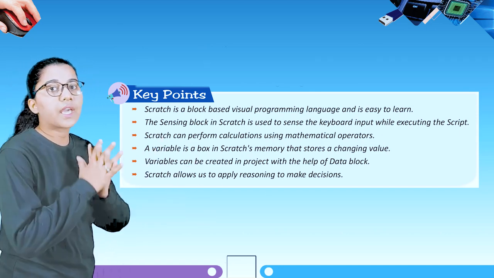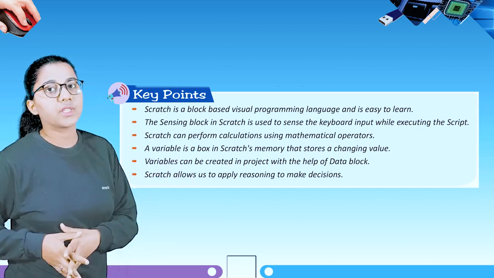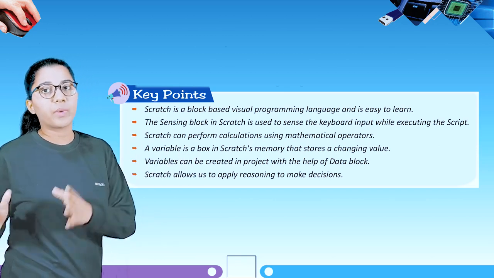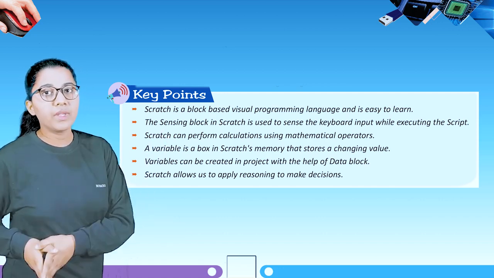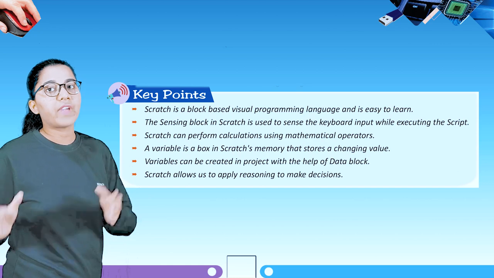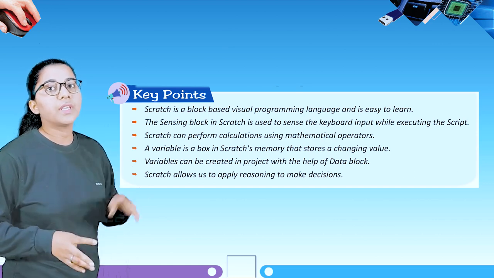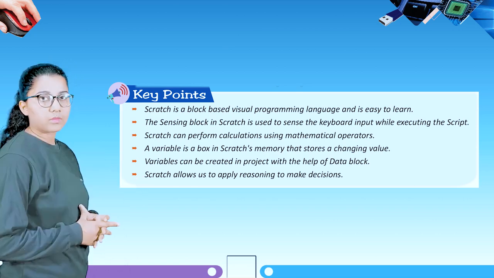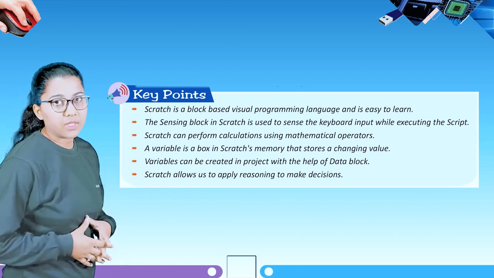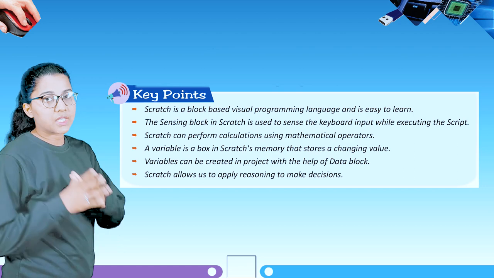Next, Scratch can perform calculations using mathematical operators. A variable is a box in Scratch memory that stores a changing value. Variables can be created in a project with the help of the data block. Scratch allows us to apply reasoning to make decisions.